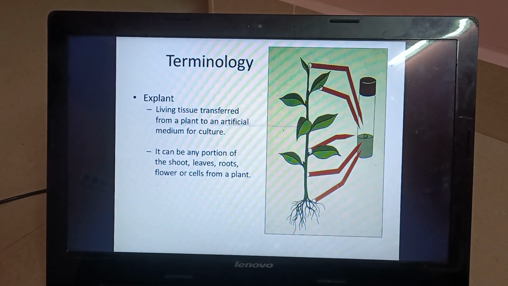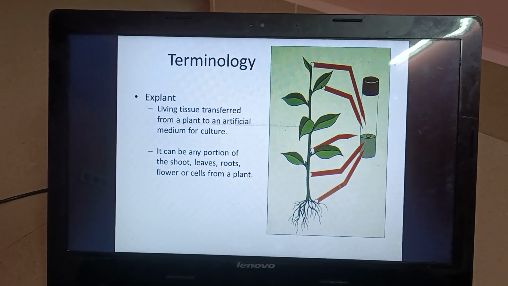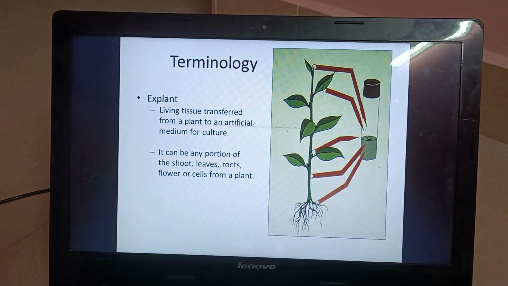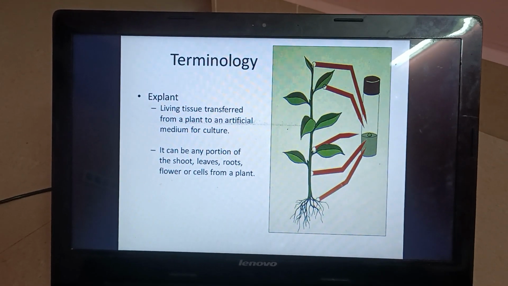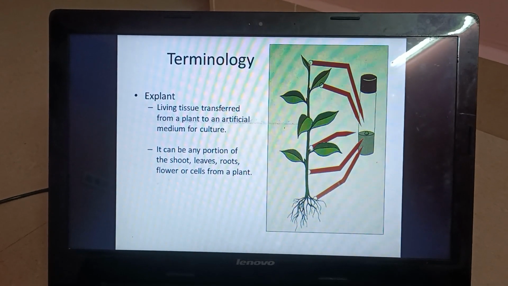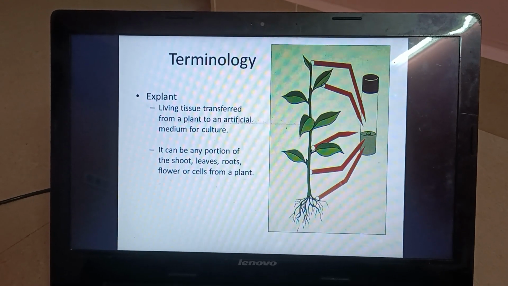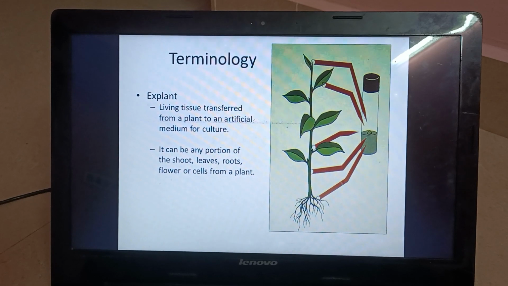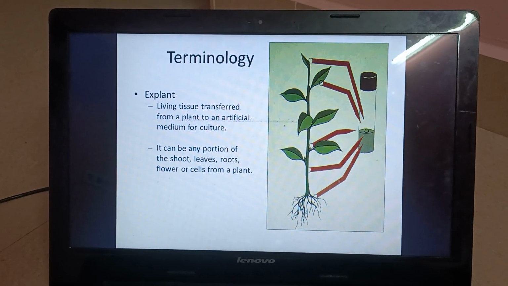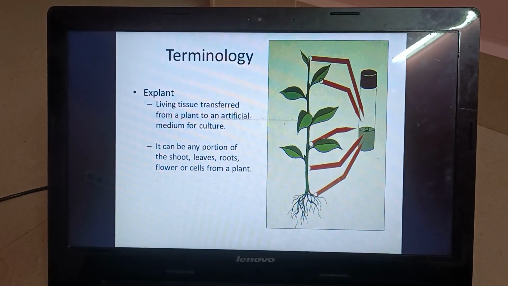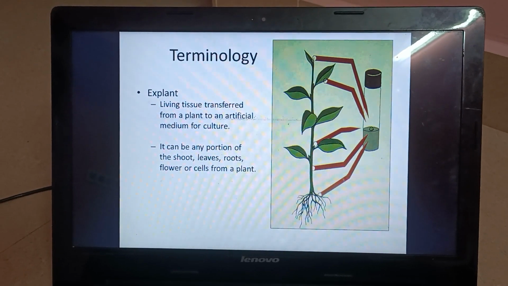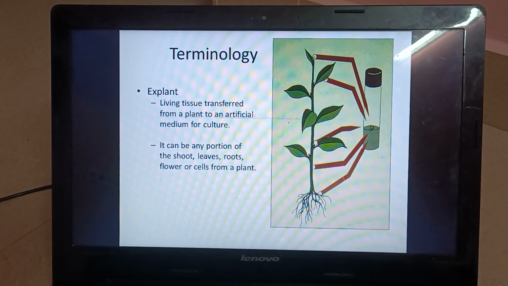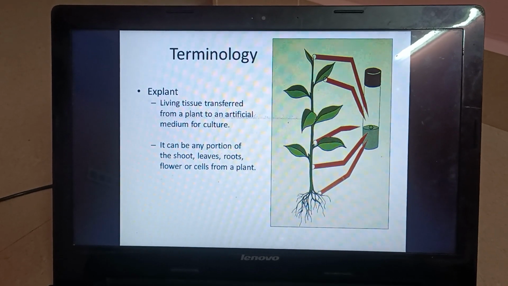You just think about it. The living tissue can be the apical tissue, or leaf, or nodal part, shoots or roots. Any of the plant parts can be transferred to the artificial medium.